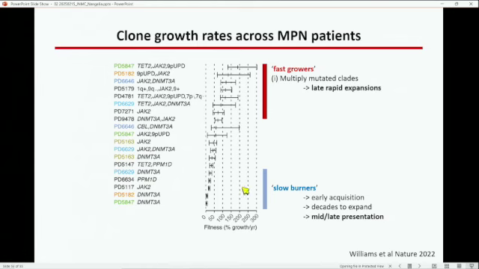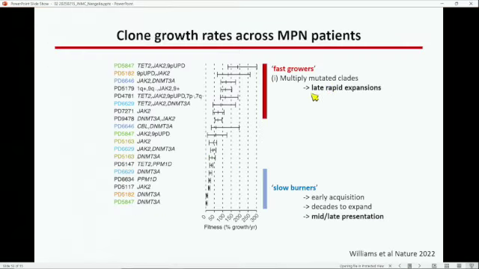Then you have the fast growers. The fast growers tend to be the clone with multiple driver mutations, and they tend to be more in myelofibrosis, where you've had time and decades to get a second event or a third event, and they tend to grow fast.